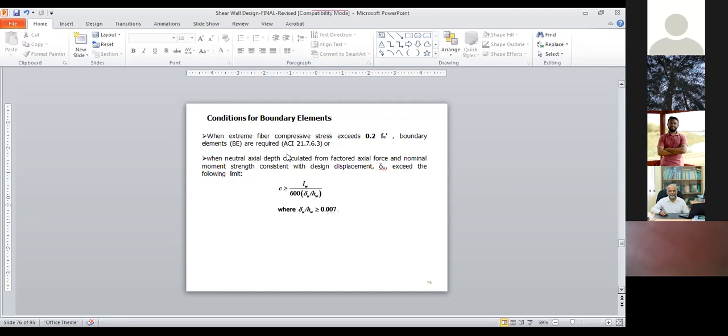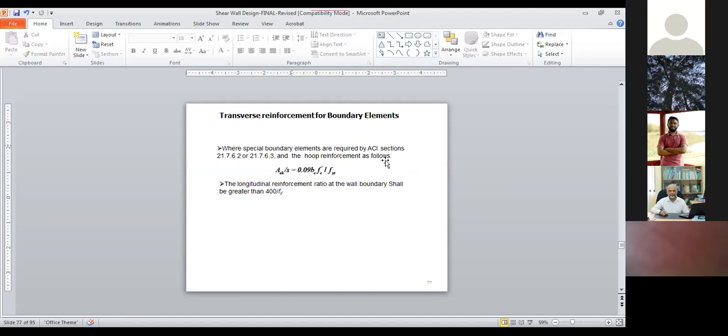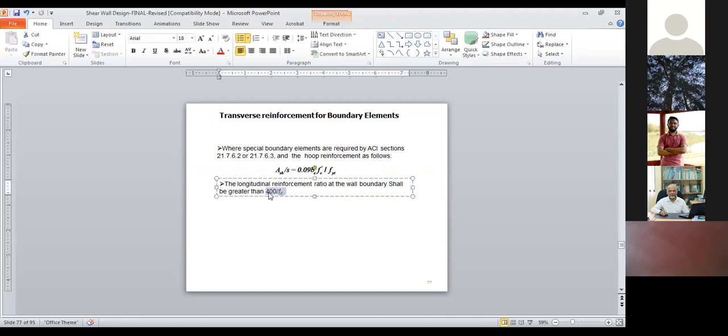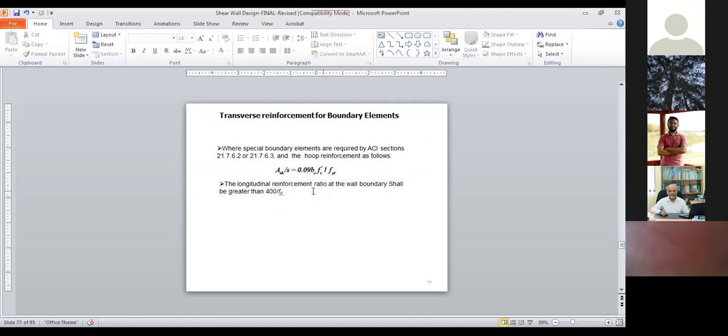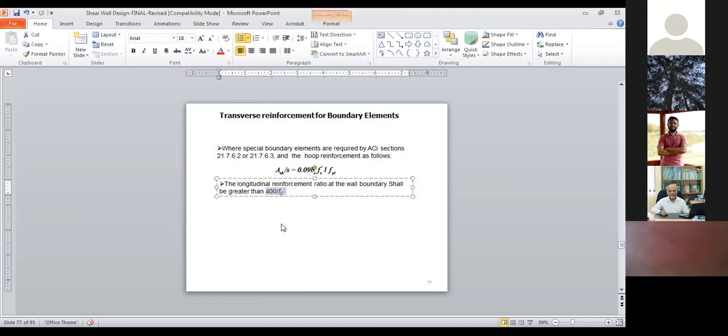If we need the boundary element, you need to provide the reinforcement in the boundary element. You have to follow the minimum reinforcement for the boundary zones, and also 400 over fy. The longitudinal reinforcement ratio at the wall boundary shall be greater than 400 divided by fy.